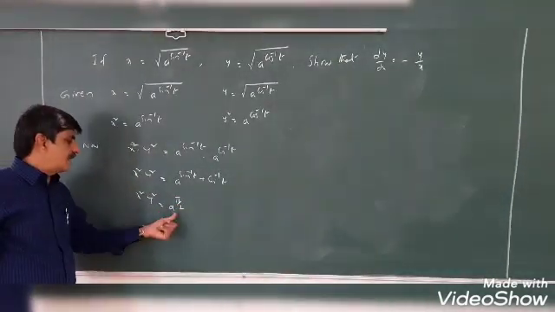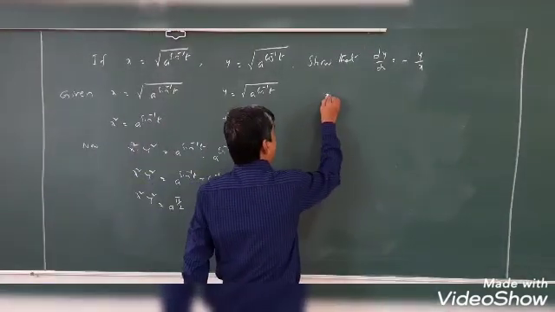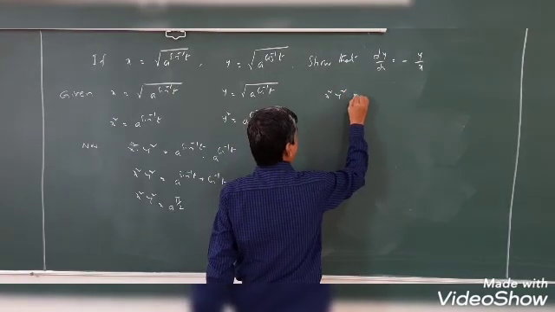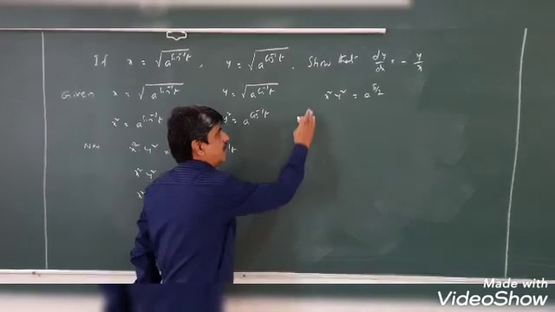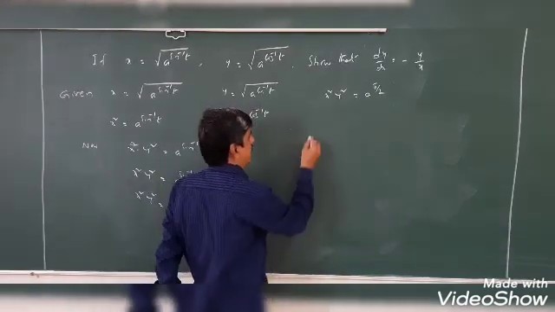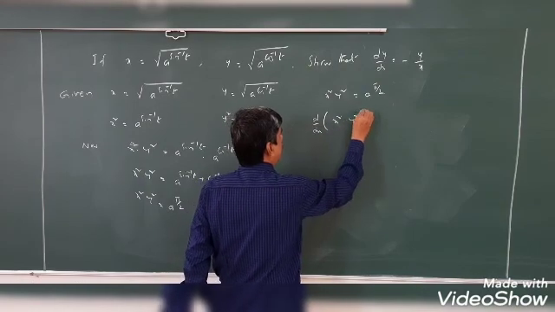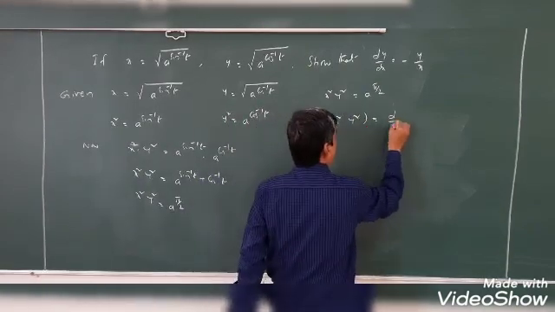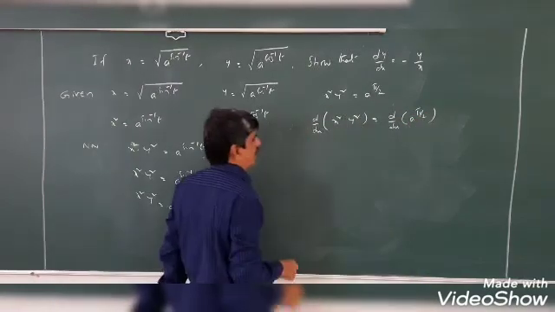Now differentiate with respect to x on both sides. So x square into y square is equal to a to the power of pi by 2. Differentiate with respect to x on both sides. So d by dx of x square into y square is equal to d by dx of a to the power of pi by 2.